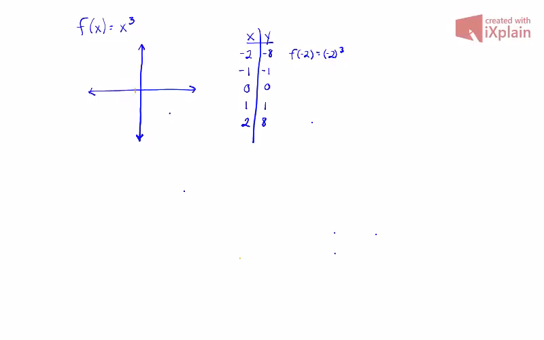So here's -2, -8, -1, -1, 0, 0, 1, 1, and 2, 8. And if we connect these points somewhat successfully, we see that it looks like a snake that's slithering up or down.